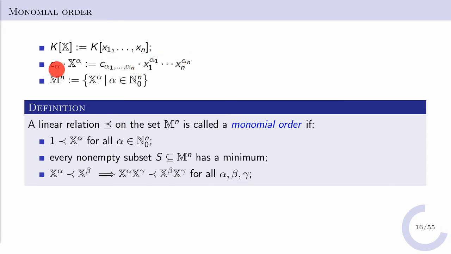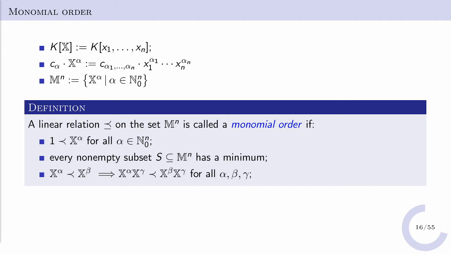So this alpha is a multi-index. In fact, this is alpha 1, alpha 2, up to alpha n. So this x alpha means the alpha 1 power of x1 times alpha 2 power of x2, and so on, alpha n power of xn.